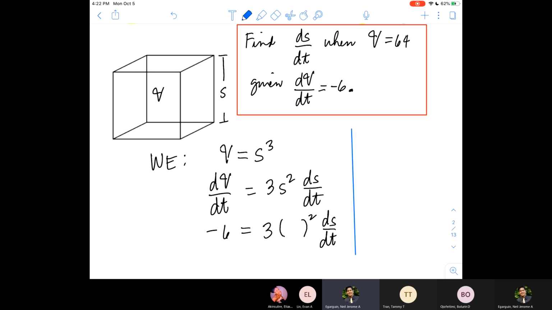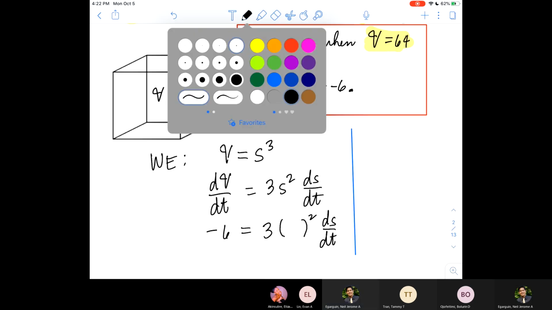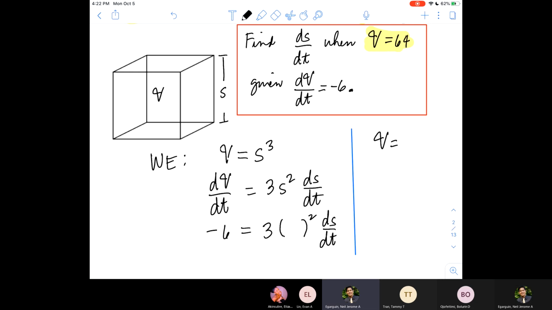But how do we find the value of s? We need to go back to the problem and look at what is the particular moment of interest. The particular moment of interest here is when the volume is equal to 64. But remember, the volume is s cubed, right? And since at the particular moment of interest, the volume is 64, we just need to find what is the value of the side length at that particular moment of interest.